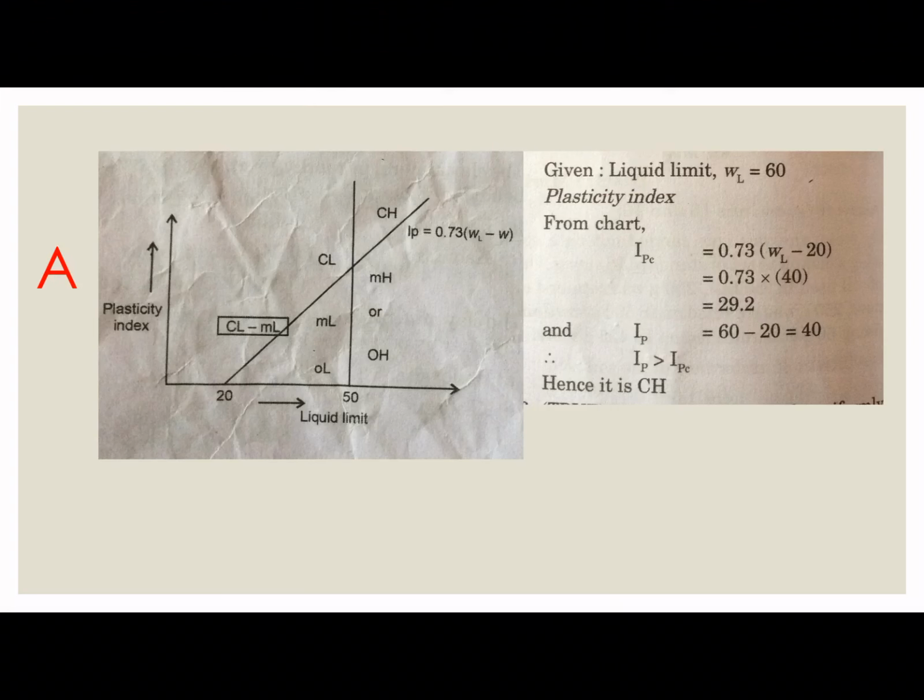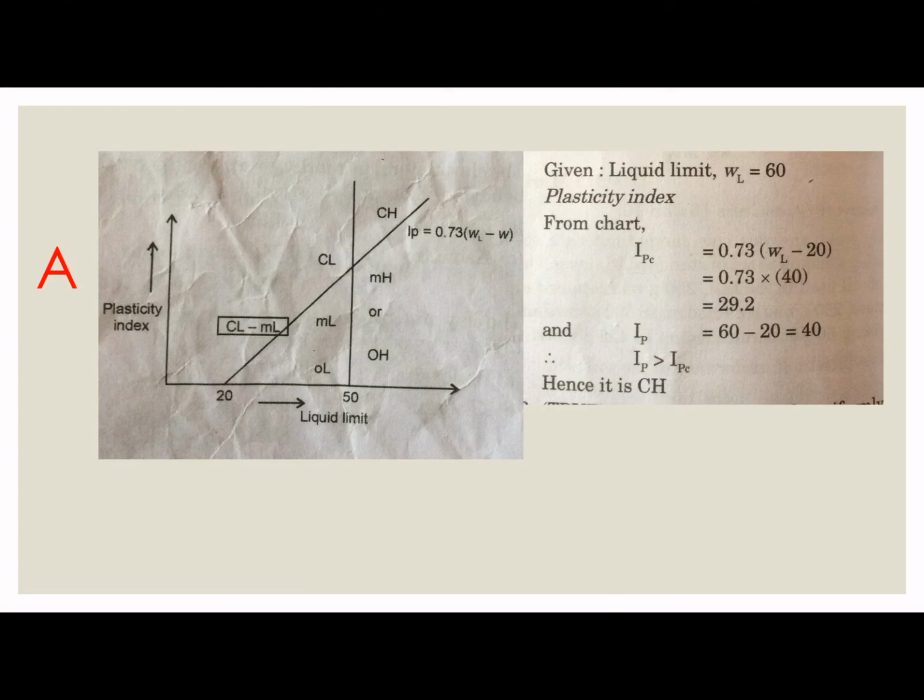We know the formula for the plasticity index from the A line is 0.73 into (WL minus 20). So here WL is 60, so we are getting it as 29.2. The other equation for plasticity index is what? IP is WL minus plastic limit, that is liquid limit minus plastic limit, which is 60 minus 20, which is equal to 40.